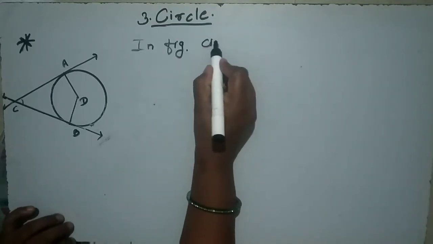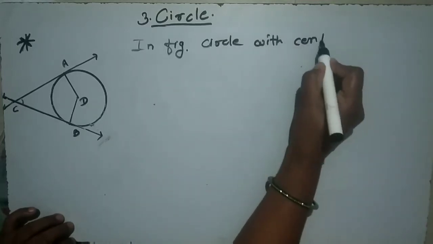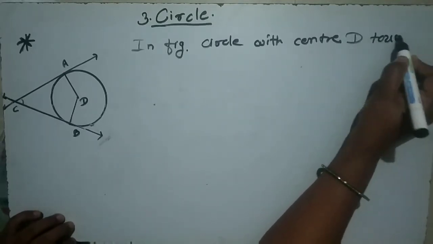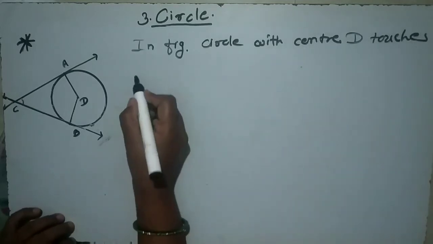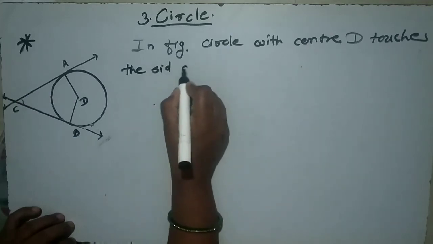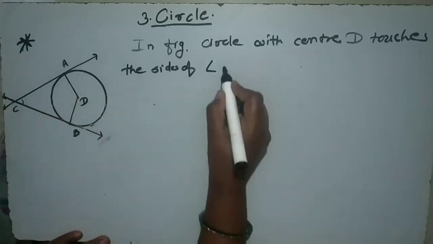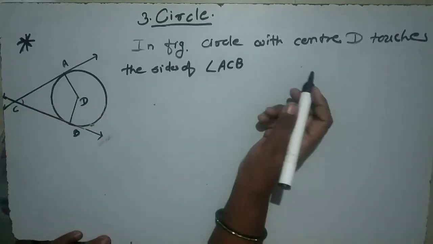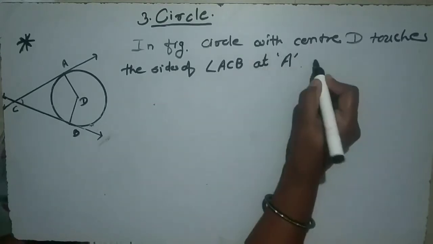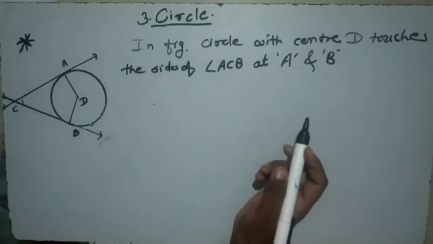Circle with center D touches the sides of angle ACB at A and B. Just see here, it touches the angle.